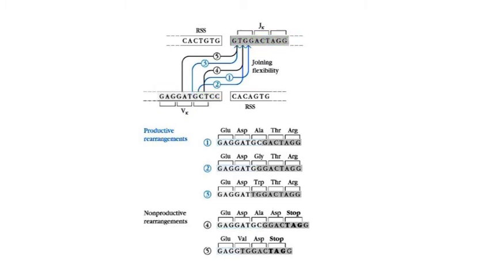This is called junctional flexibility, where the coding sequences can join at different points. This flexibility can generate many non-productive rearrangements, but it also increases diversity by encoding several alternative amino acids at the junction.